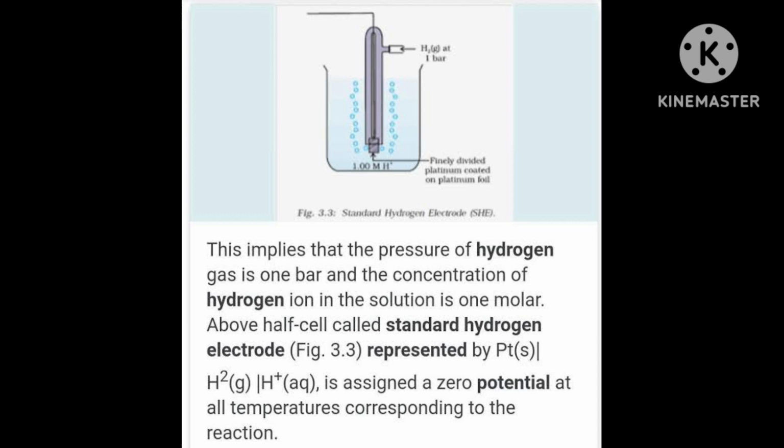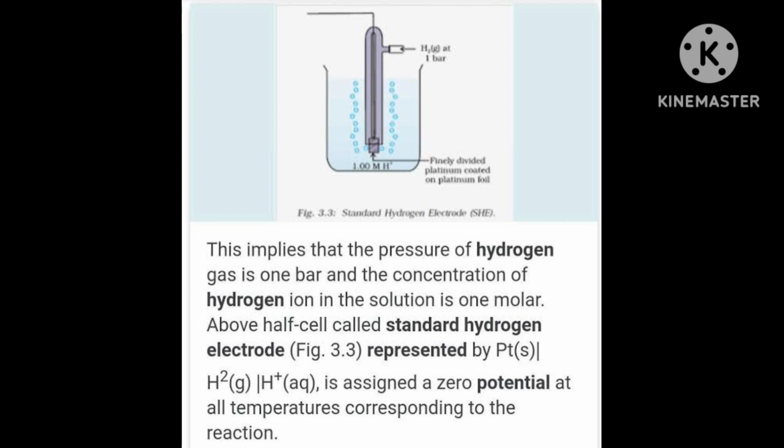But to let the excess hydrogen gas escape, one hole will be there. Now hydrogen gas is in contact with HCl, not directly, indirectly.